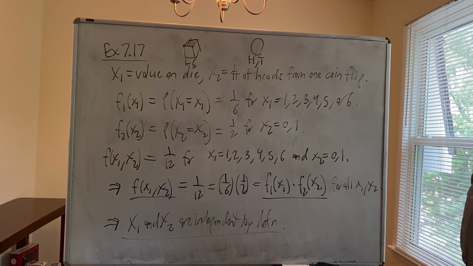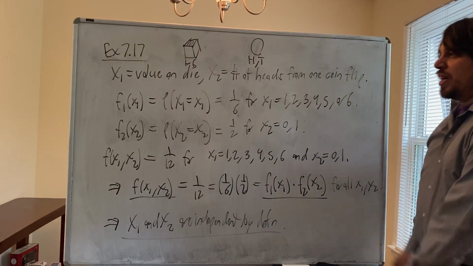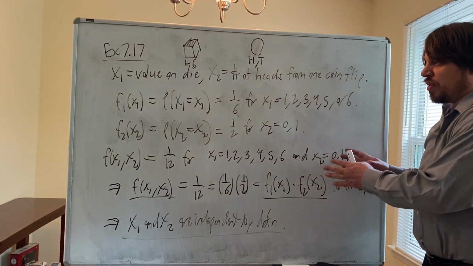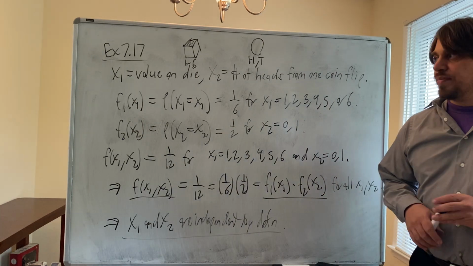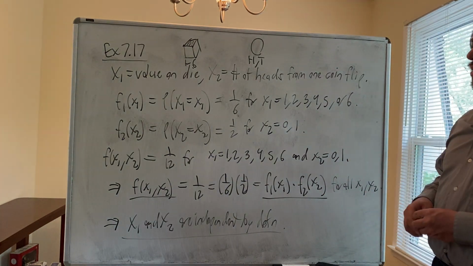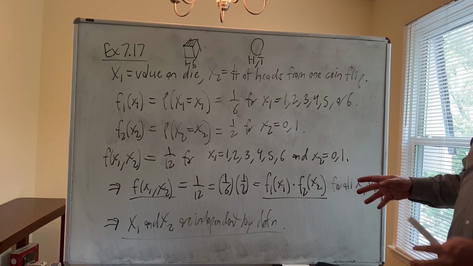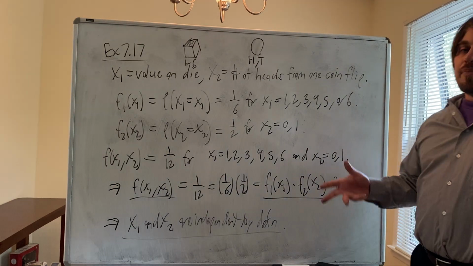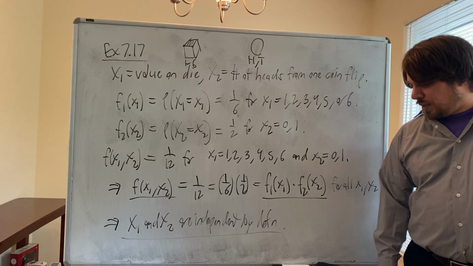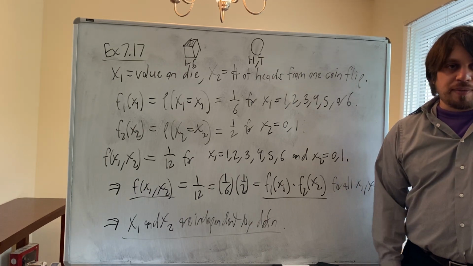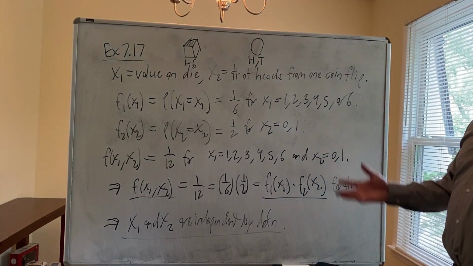All right, so in example 7.17, hopefully you see the definition of independent random variables better. By this example, we proved that rolling a die and flipping a coin are independent random variables.